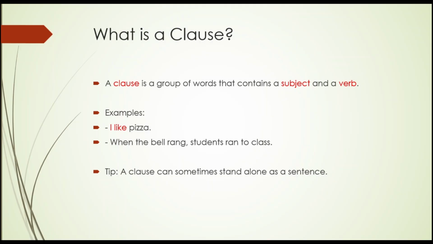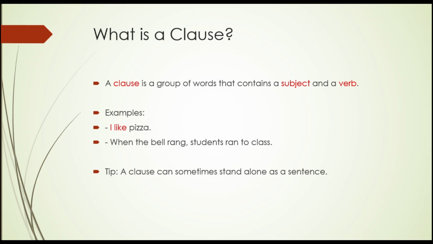Getting started, the first thing we have is, what is a clause? That's the first thing we need to understand. A clause is a group of words that contains a subject and a verb, as we have here in the examples: I like pizza, and when the bell rang, students ran to class.